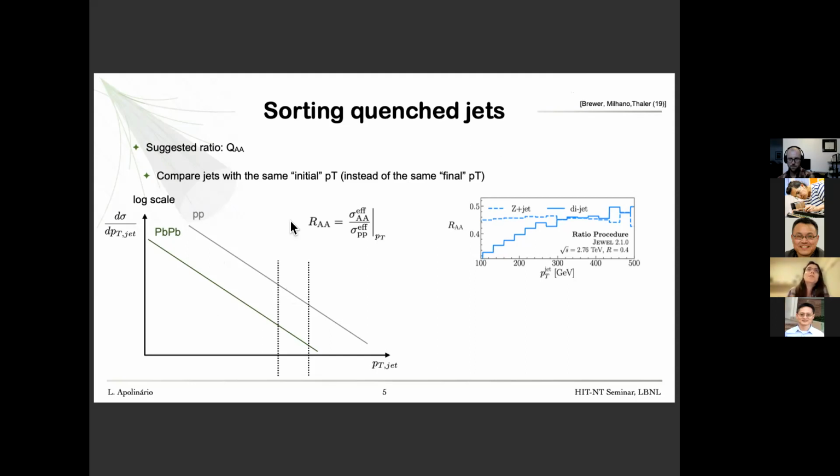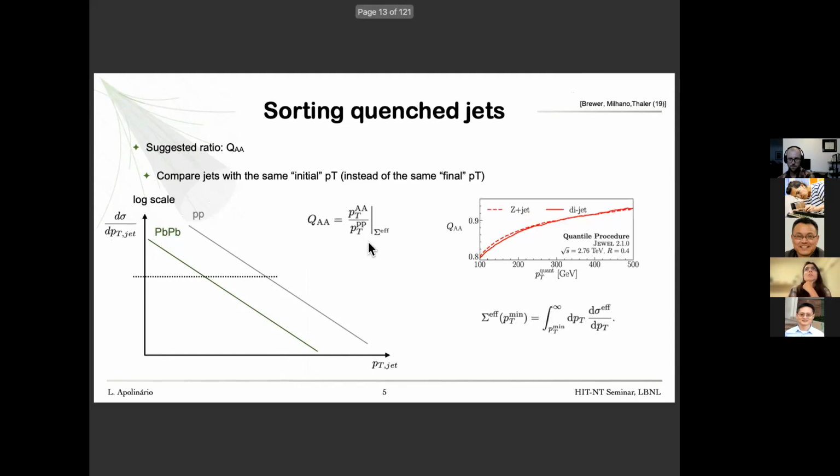So instead of having the ratio of the lead-lead yield to the proton-proton yield, let's do the ratio in terms of the cross-section. Of course, it was not exactly this proposal that they put forward, it was something that they called the quantiles.